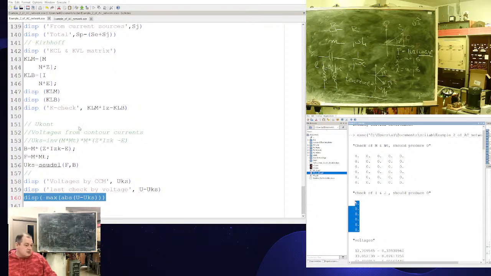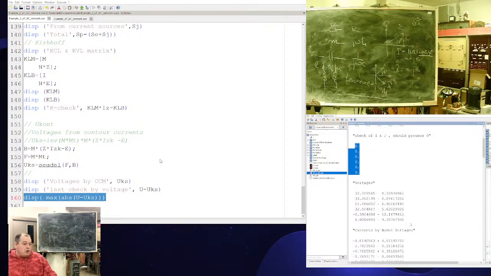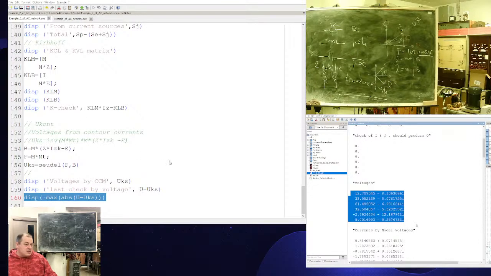Current sources look good. Voltages. See what I got? My voltages are represented with complex numbers. Everything looks simple, but there is one key moment.